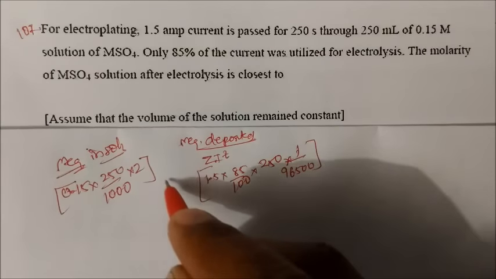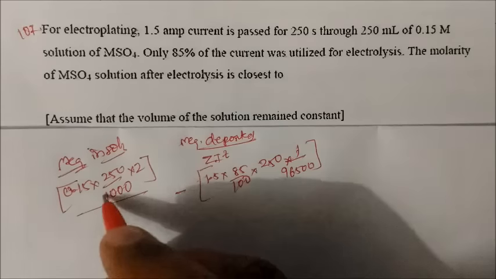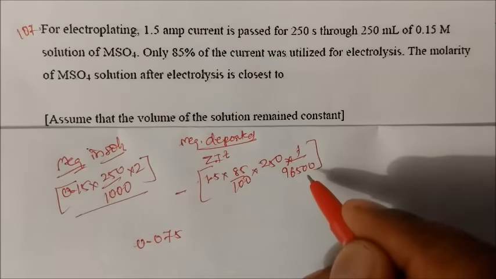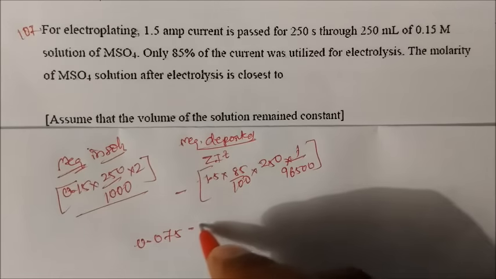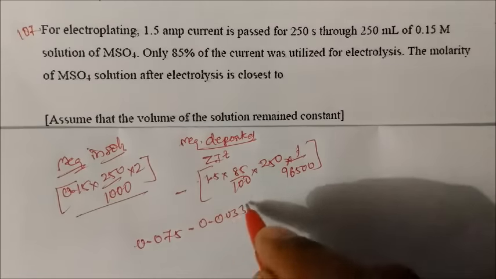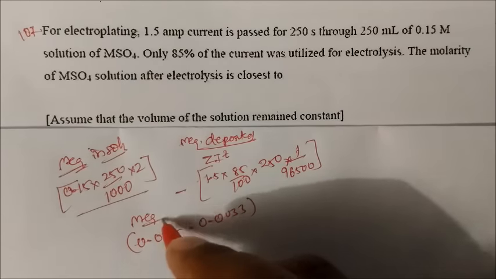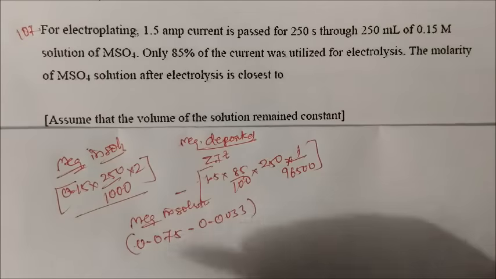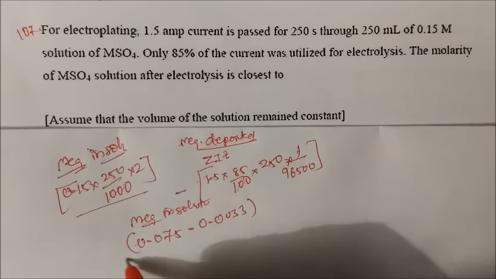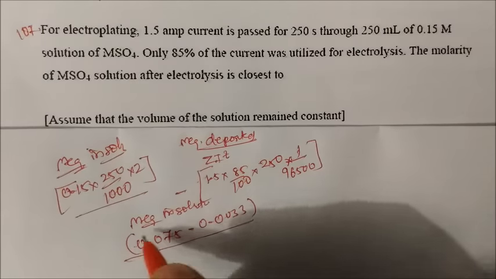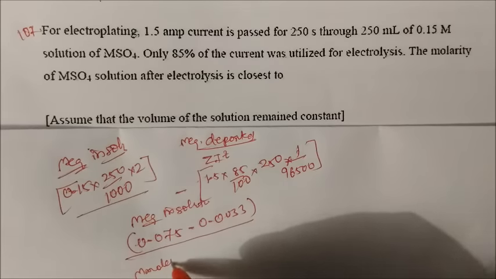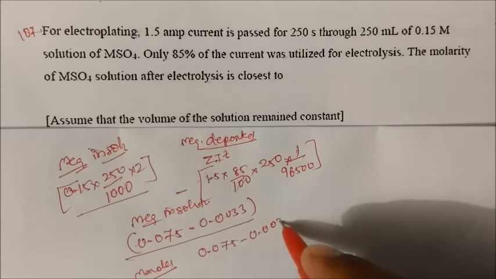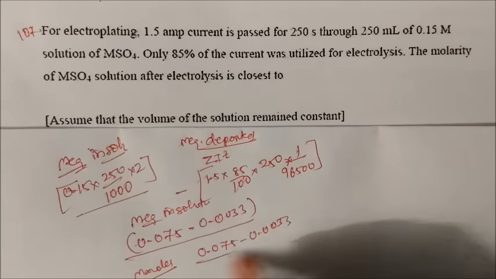And if you subtract this from the whole, this value is 0.75, and if you solve for this one, you will get 0.0033. This is the milliequivalent deposited, and the rest is in solution. If you subtract it, you will get what is in solution. So moles will be 0.75 minus 0.0033, divided by 2.